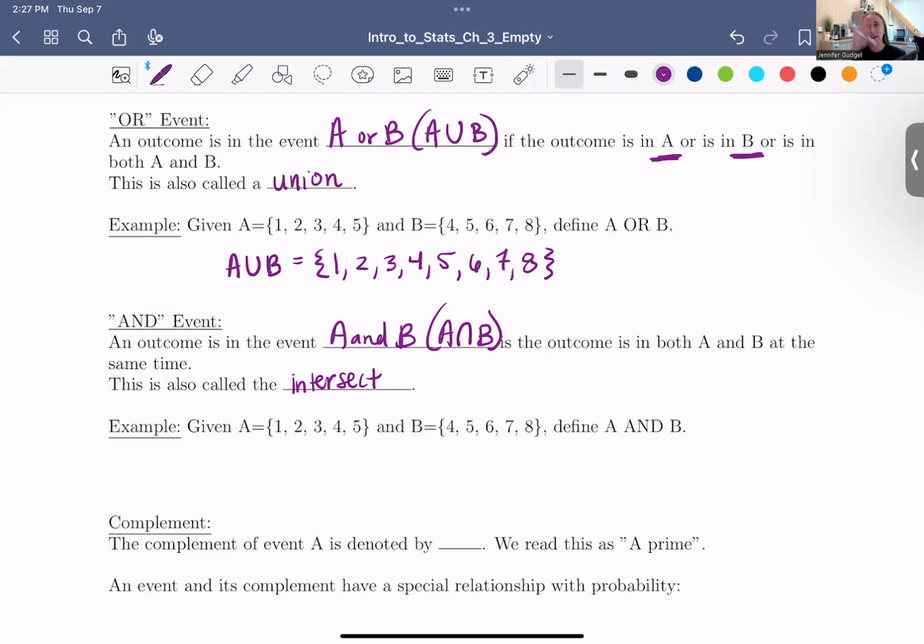If you're looking at a Venn diagram, it has to be the section that is shared between both of those outcomes. So here we're only looking for the repeats. Only the repeats get to live in A and B. So that's going to be 4 and that's going to be 5. Those are the only two pieces that were repeated in both sets. So A and B are just the elements 4 and 5.